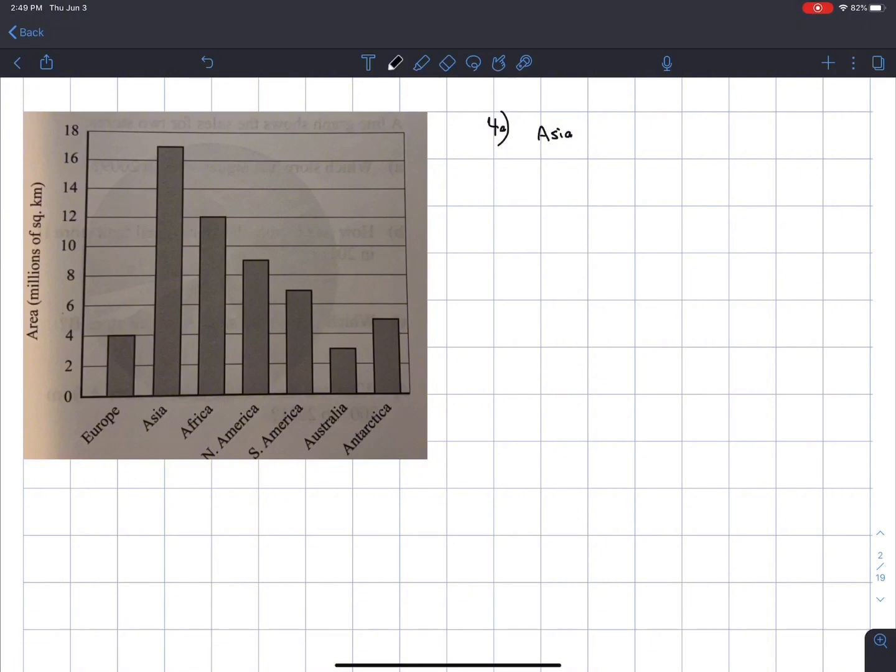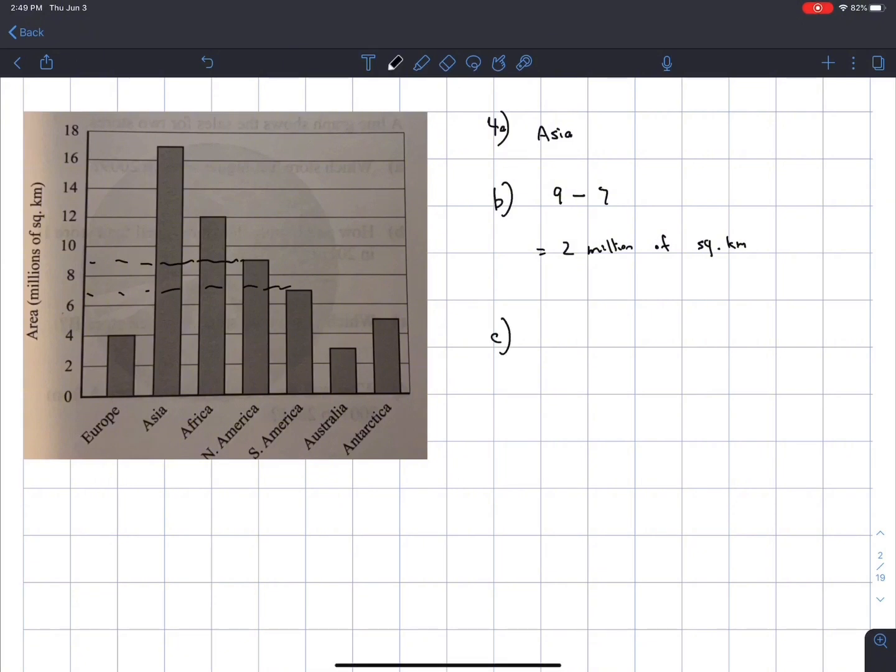How much larger is North America than South America? North America has around 9 million square km, and South America has around 7. So that gives us 2 million square km.